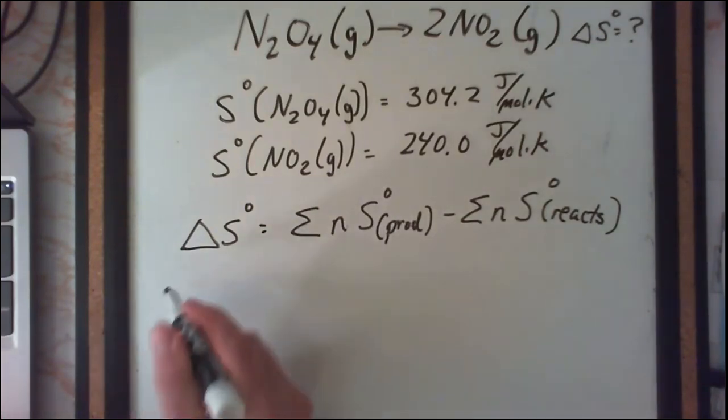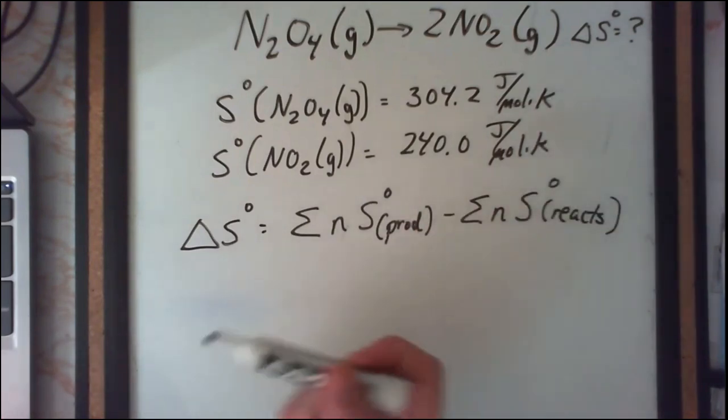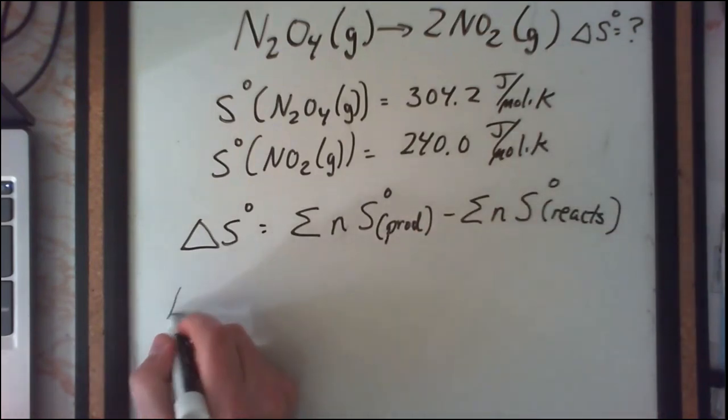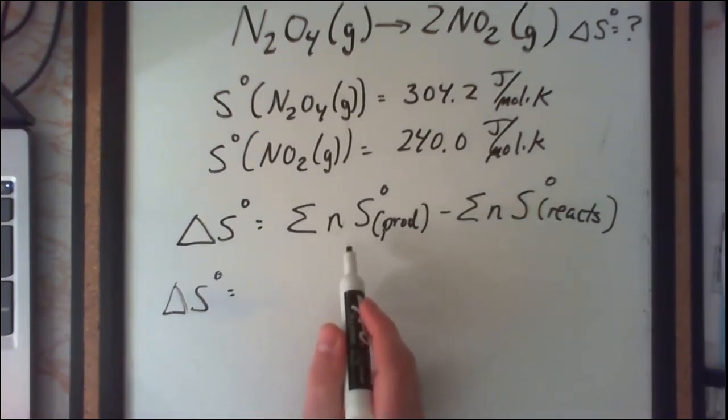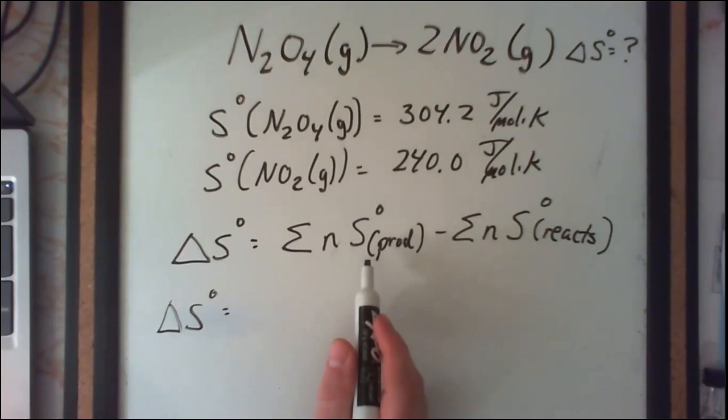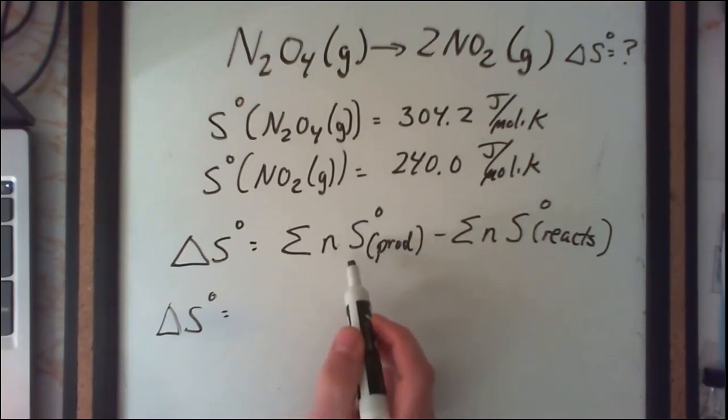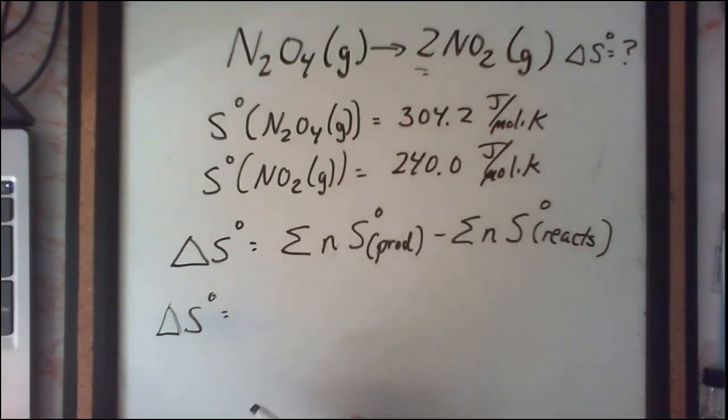So we have delta S of this process, which we expect to be positive, equal to the sum of the number of moles of each product times the respective molar entropy. So for each product, the respective stoichiometric coefficient.